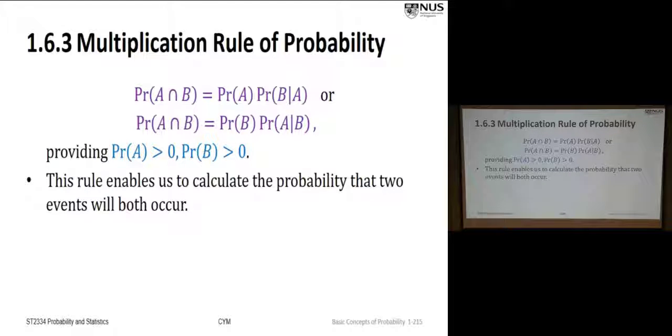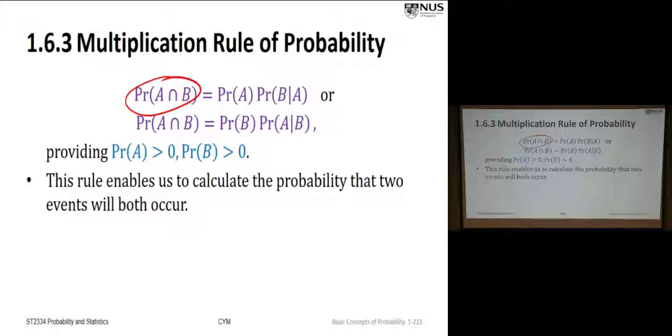So it's the probability of getting two events. Now, in order to calculate the probability of A intersect B, we have two ways to do it. In fact, there's a third way. What is the third way to get this probability of A intersect B?